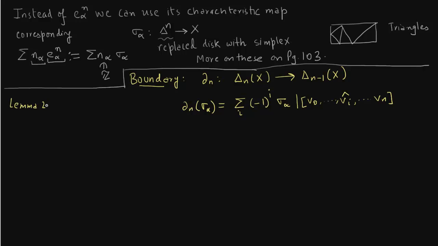So this is the most important lemma, in fact the lemma which lays the foundation of the subject. The following composition: you start with Delta n of x, then apply the boundary map and go to Delta n minus 1, then again apply the boundary map and go to Delta n minus 2.